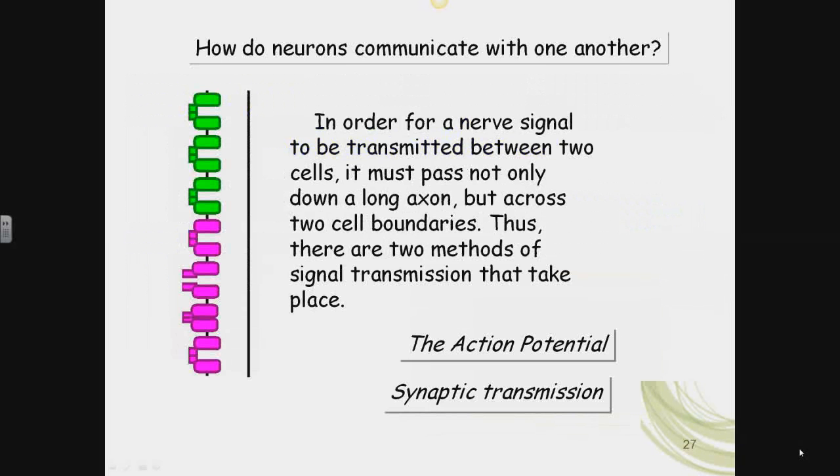In order for a nerve signal, an action potential, to be transmitted between two cells, it must pass down an axon, but then it has to cross this gap between the two neurons. You see, neurons can orient from soma to axon to terminal bouton, and then you have the next soma of the next cell.